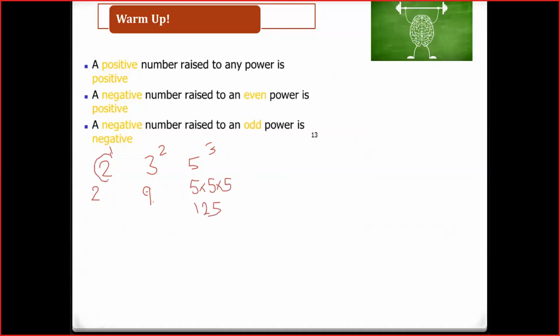So what is the sign of 2? It is positive. And the answer here is positive. Here is a 3, a positive number. So any positive number to any power, the answer will be positive. Okay?